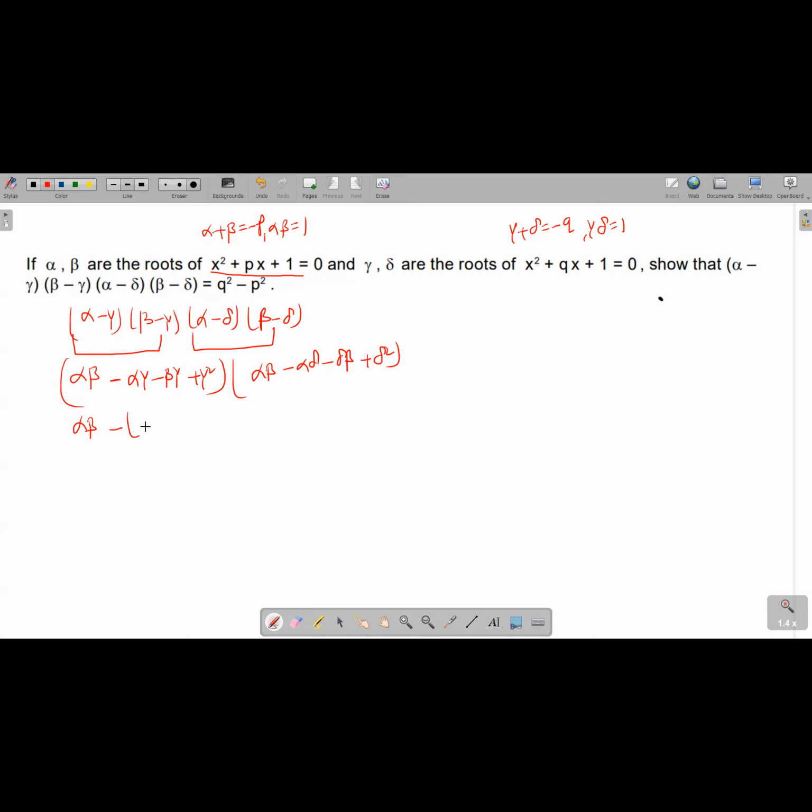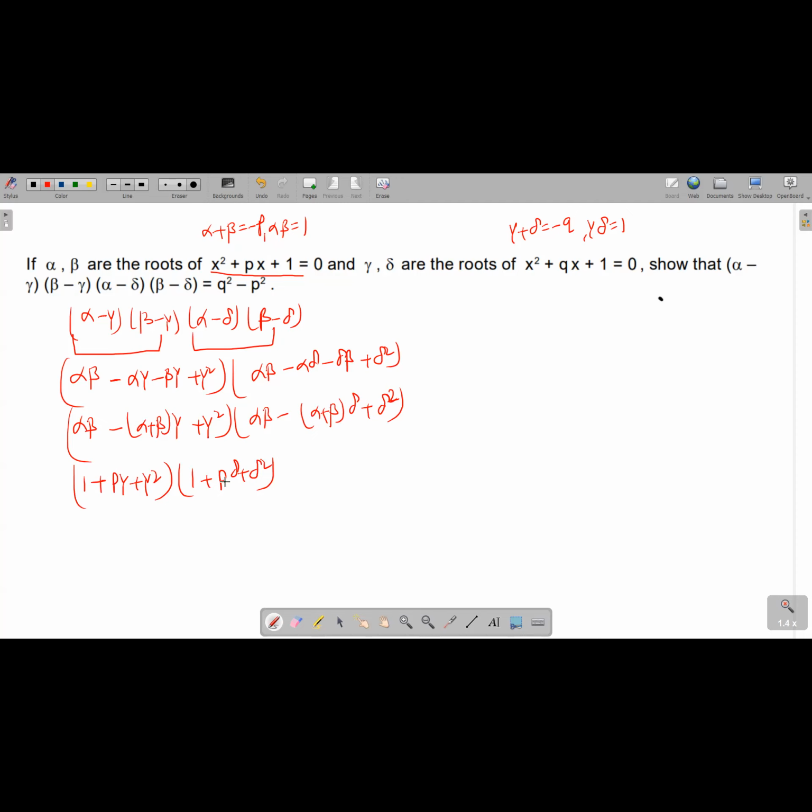Here you can see this is alpha beta minus alpha plus beta into gamma plus gamma square. This is alpha beta minus alpha plus beta into delta plus delta square. Put the value of alpha beta, that is 1. Alpha plus beta, that is minus p. So minus minus plus p gamma, and then gamma square. Alpha beta is 1, plus p delta plus delta square.